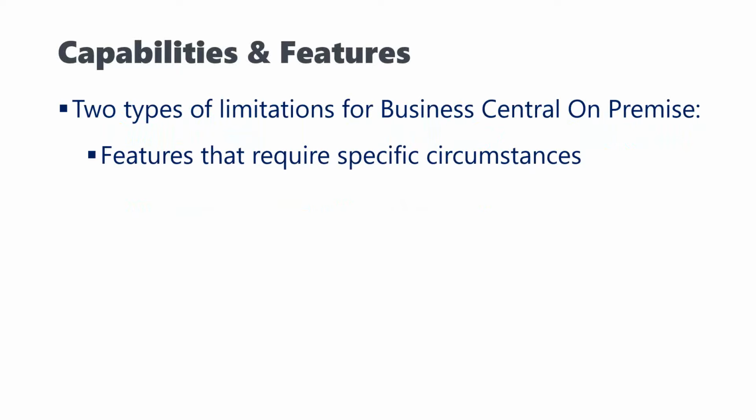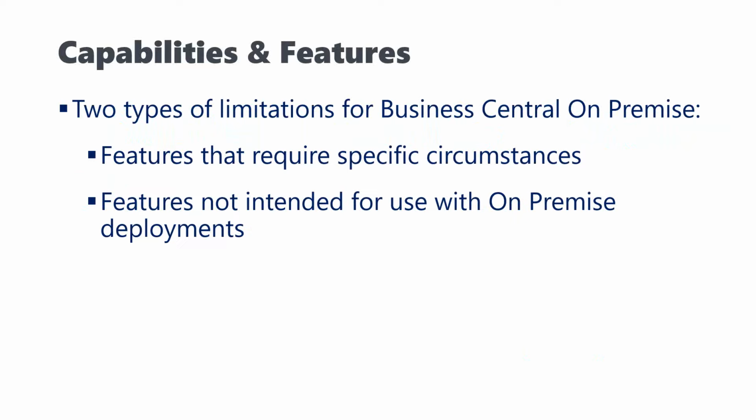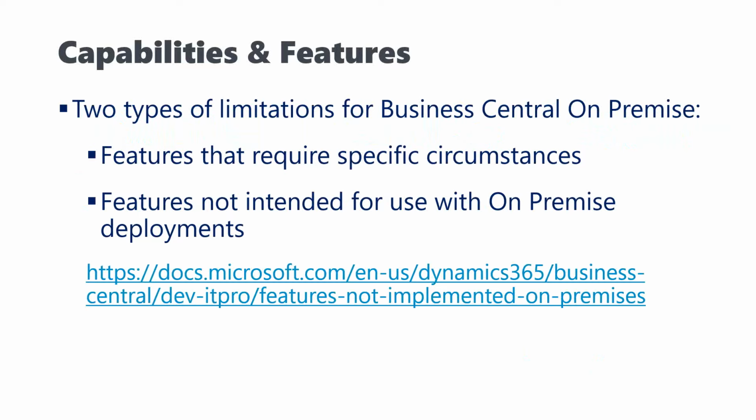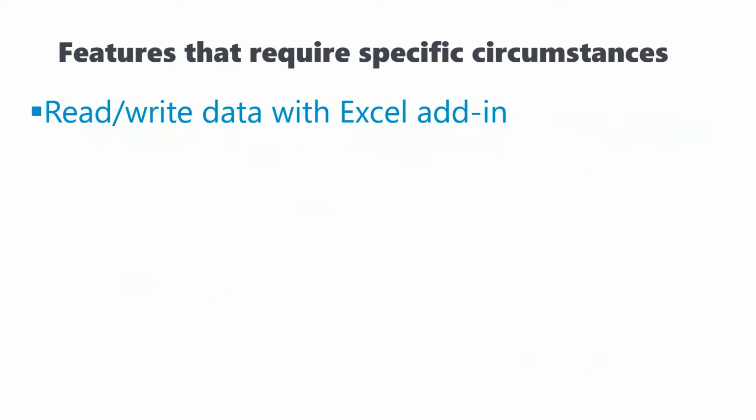The first are specific features that require specific circumstances in order to use those features. And then there are features that are not intended for use with the on-premise deployments. We're going to go through all of these features. There's also a link available on Microsoft where you can see the same list. So first, let's go through features that require specific circumstances in order to use them.